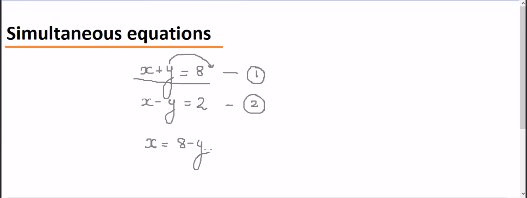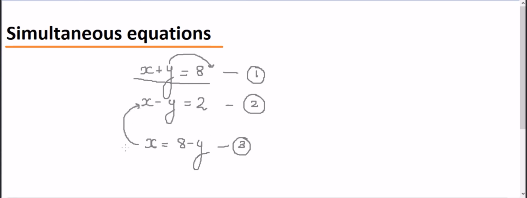Okay. From the first equation, get the value of x. You can get the value of y as well, but as of now, you need to remember from the first equation, get the value of x. Make x the subject. Done. This is your equation 3. Now you need to substitute this value in equation 2.